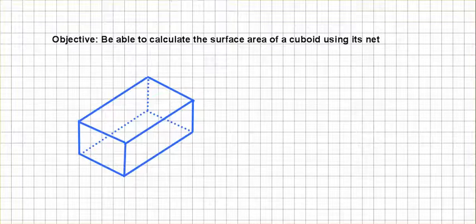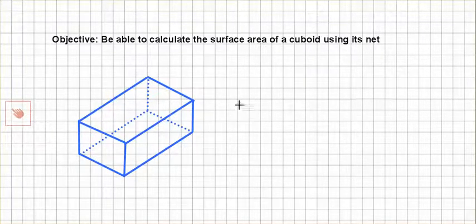Now we've got to work out surface area. The whole point of looking at plans and elevations was to get you to start thinking of the different faces. So for instance, we know that with a cuboid all the faces are rectangular.